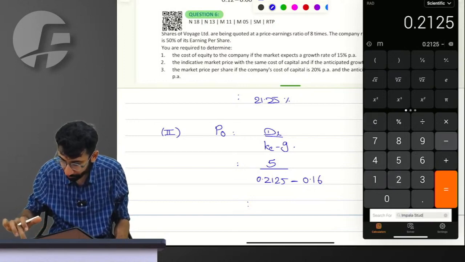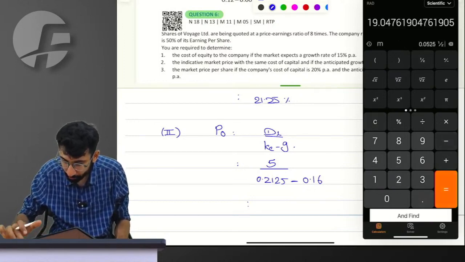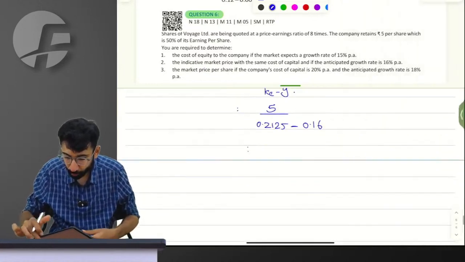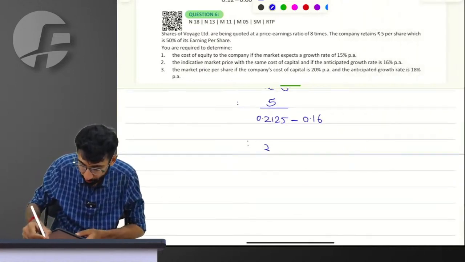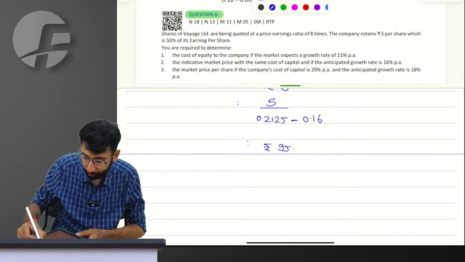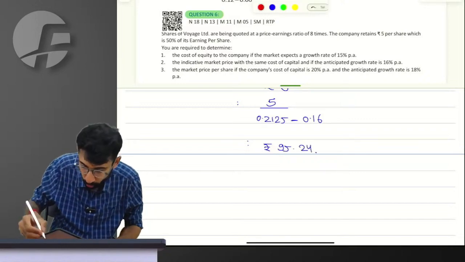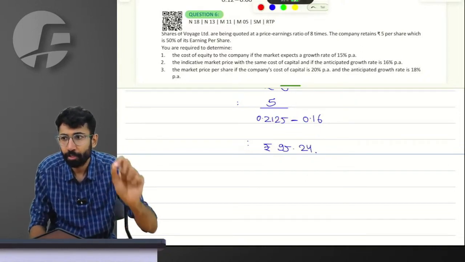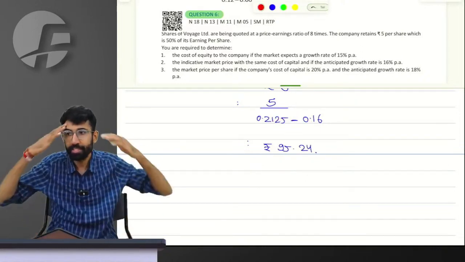0.2125 minus 0.16 is equal to this, multiplied by 5. 95.24 on a rounded off basis. We will say rupees 95.24. Those who are writing 95.23 as the answer, live people, recorded people, Sahil, I can purposefully see that.